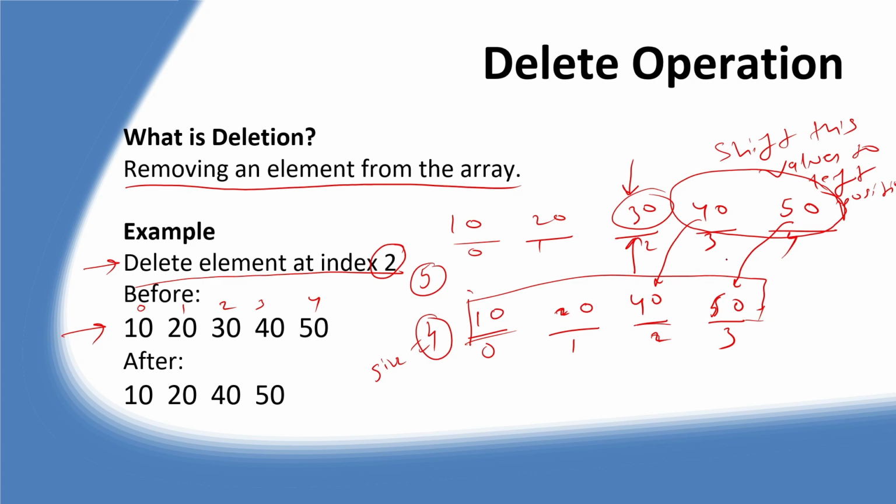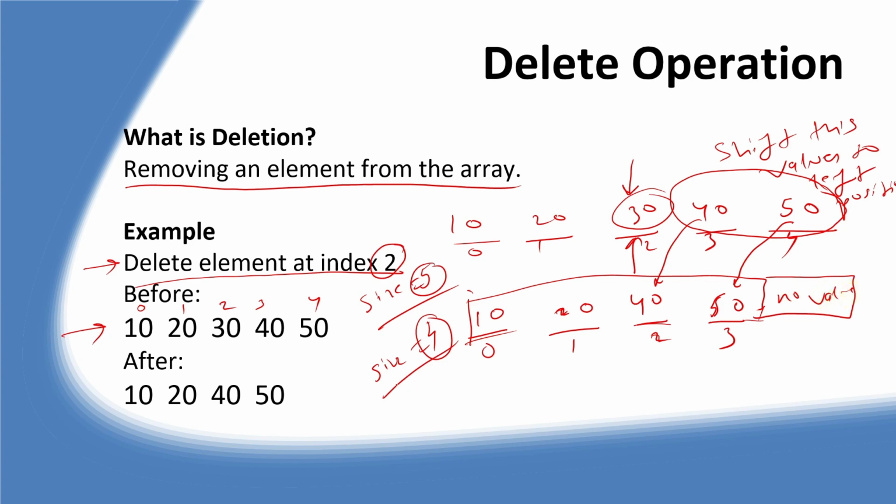Then you might be thinking, we cannot modify the size of an array, right? Arrays are of fixed size. If we created it with size 5, we cannot alter the size. So why have I mentioned size equal to 4 here? Size 4 means the array is still size 5, but here we will have no value.